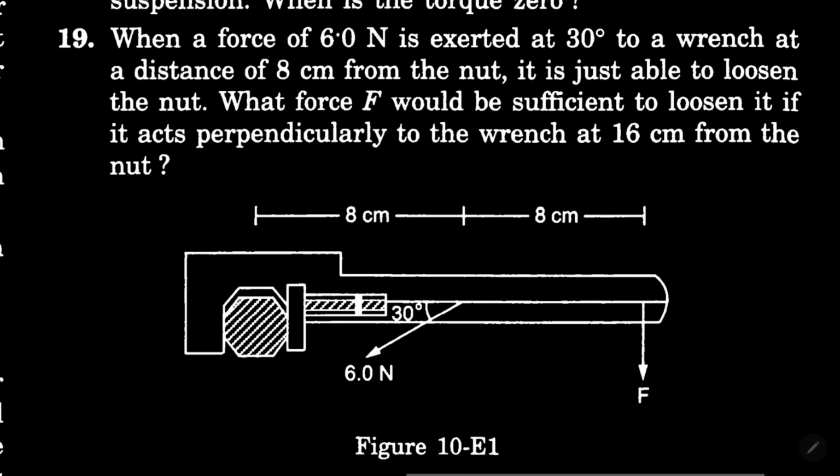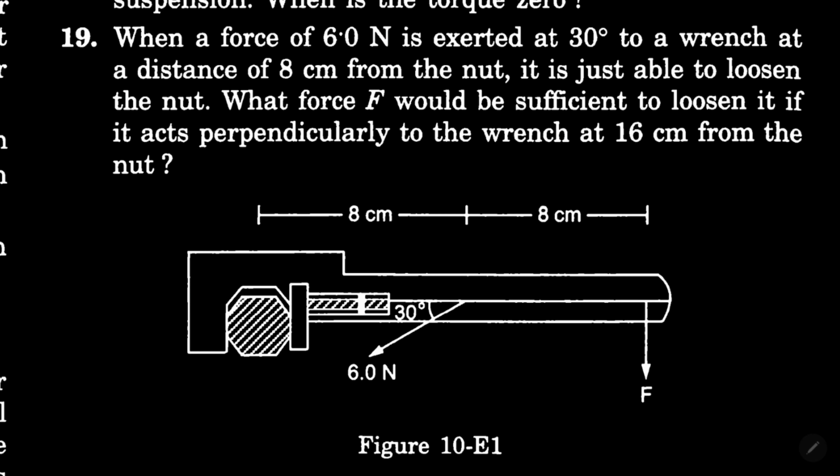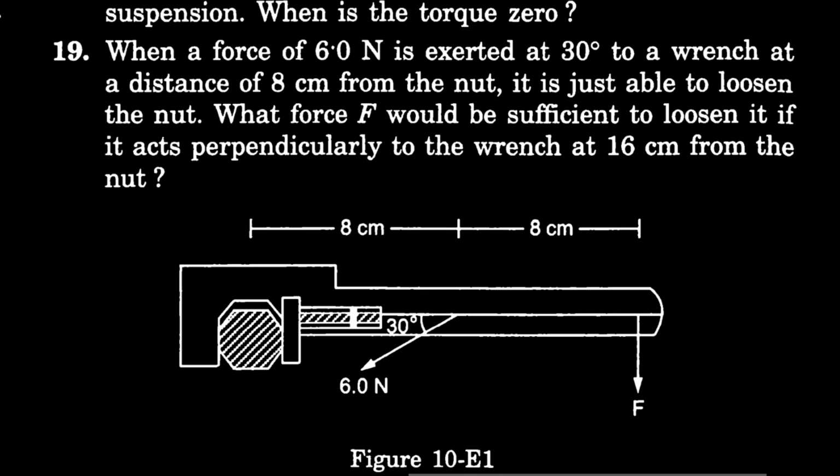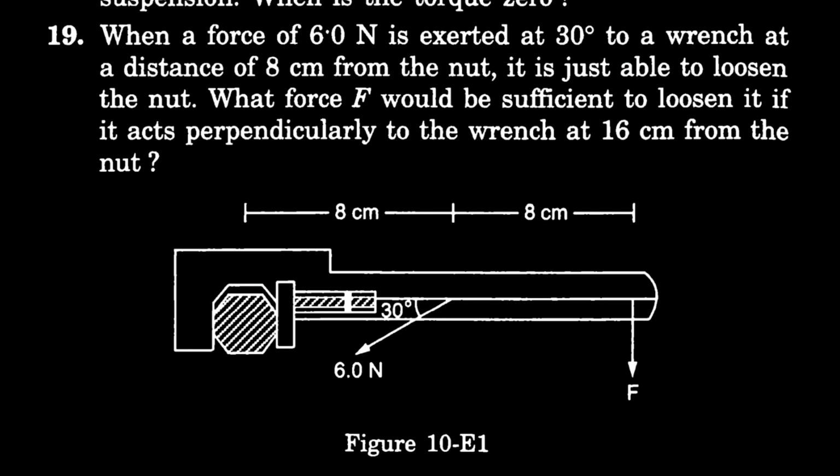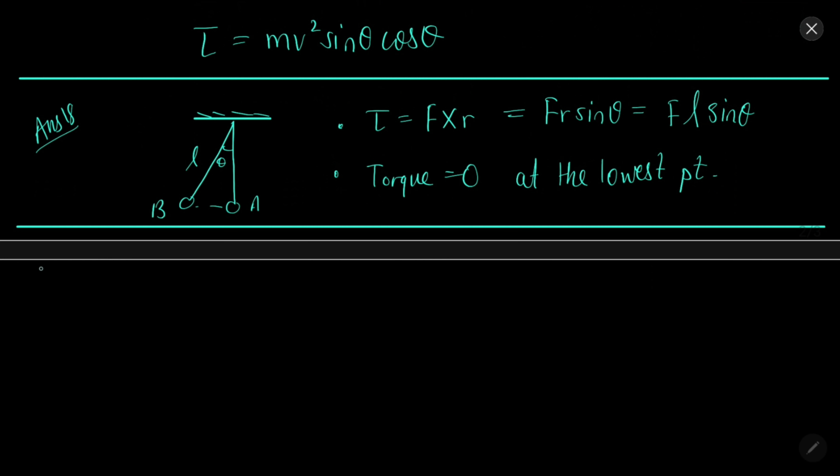In question 19, when a force of 6 Newton is exerted at 30 degree to a wrench, what force F would be sufficient to loosen it if it acts perpendicular to the wrench at 16 cm from the nut? Solution 19.